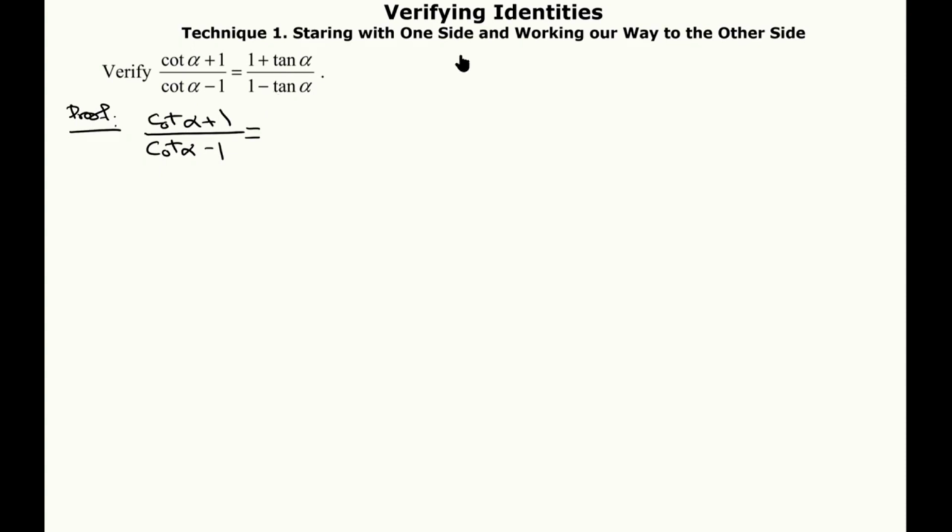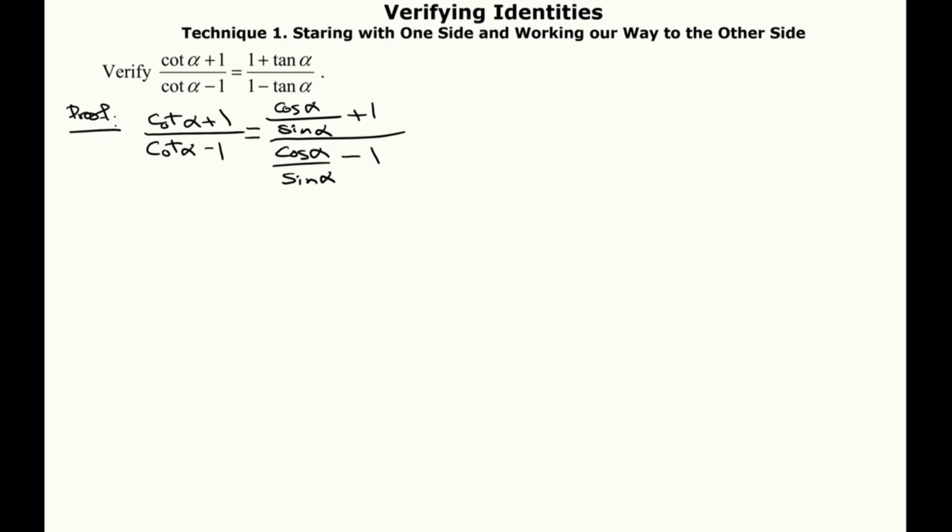So I'm just going to go ahead and replace the cotangent with cosine alpha over sine alpha plus 1. And down below, we'll go ahead and do the same. So we get cosine alpha over sine alpha minus 1.